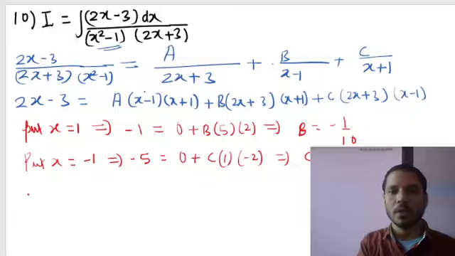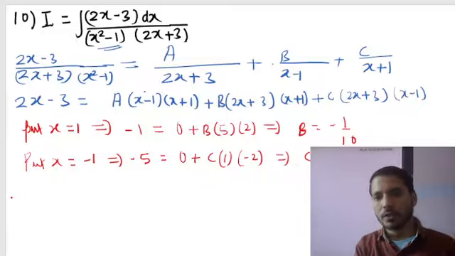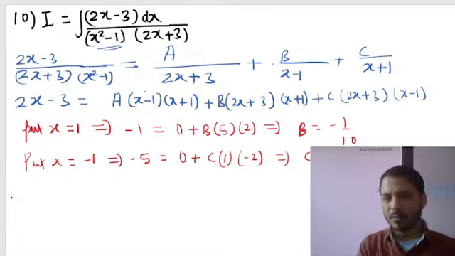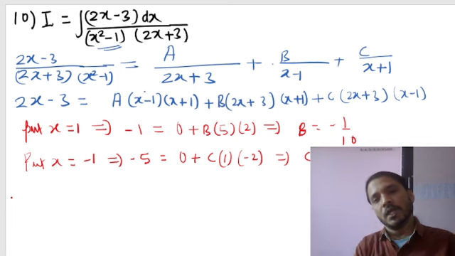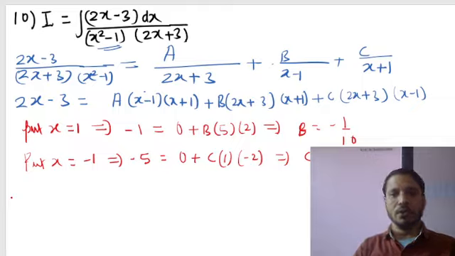Now we have to substitute, because there are three different factors. If we substitute here minus 3 by 2, because it is plus 3 by 2, x equal to plus 3 by 2, or let's substitute x equal to 0 better.